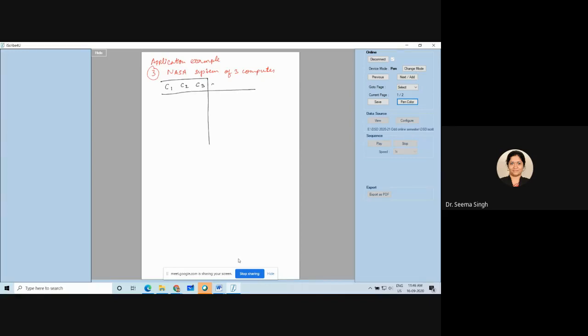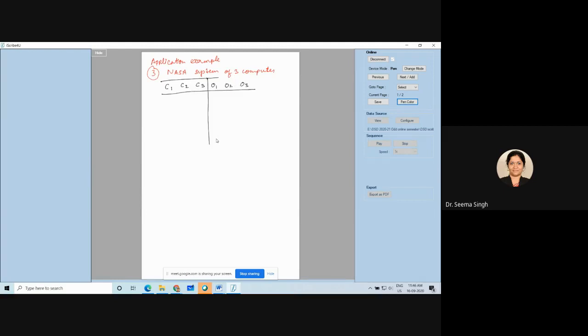So this O1, O2, O3 is what for? O1 is to connect C1, O2 is to connect C2, and O3 is to connect C3. Okay. So these are switching logic. O1, O2, O3 are the switching logic, or you can say these are the intermediate signals.